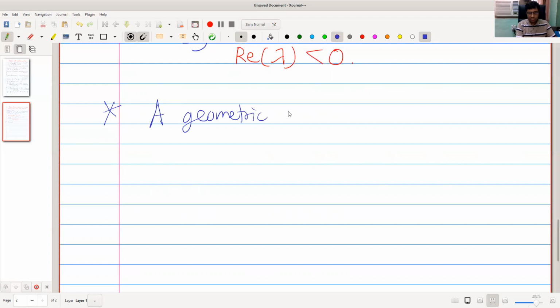Geometric approach to study the stability. Let us see.